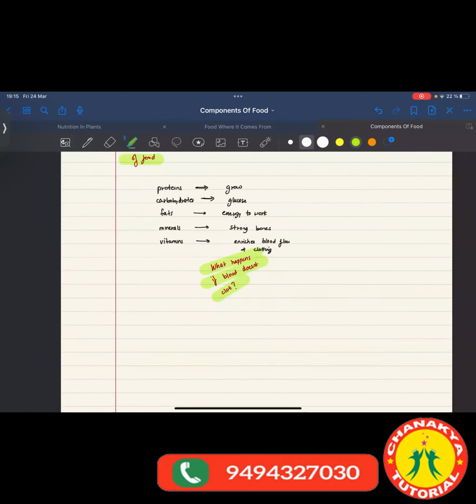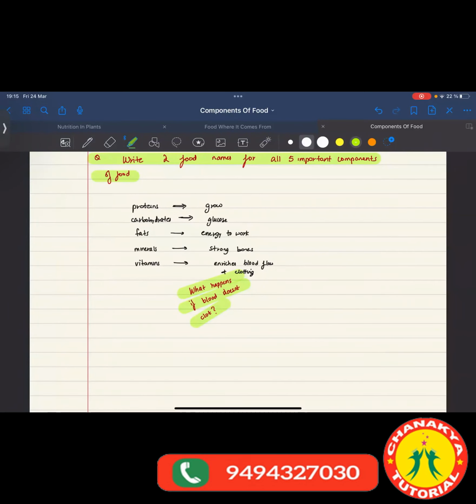Note down whatever is there on the screen along with the homework.